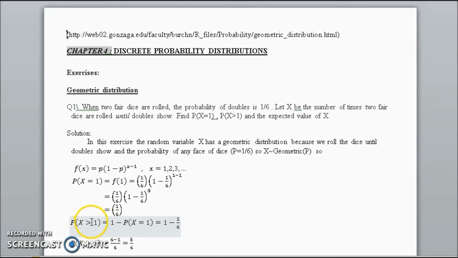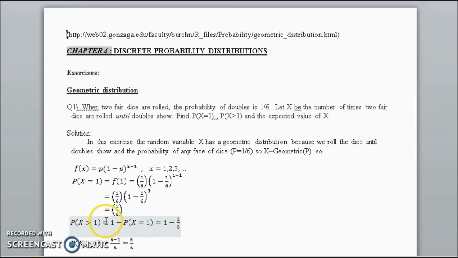When X is greater than 1, the probability of X greater than 1 equals 1 minus the probability of X equal to 1, because X greater than 1 means X takes the values 2, 3, 4 up to infinity, but not the value 1. We know the summation of all the probabilities of X from 1 to infinity equals 1.